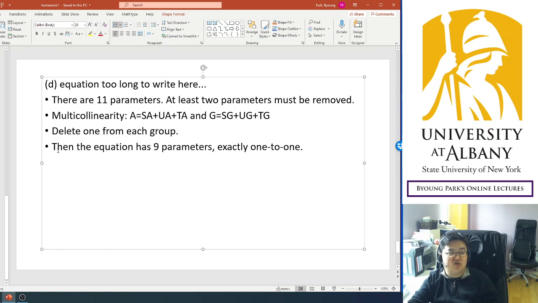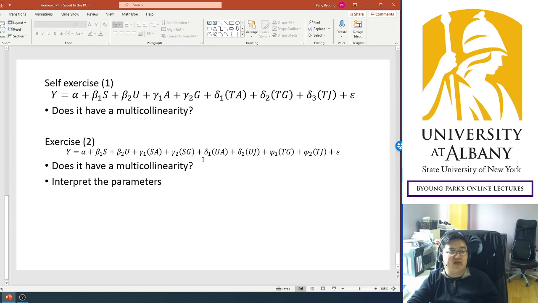And you have 9 parameters then, and it should be one-to-one. So 9 parameters should fully and generally explain the 9 groups. So you are going to get the fully general model if you use this one. Okay, this is how you handle dummy variables and interaction terms, and the simplest possible examples of multicollinearity.